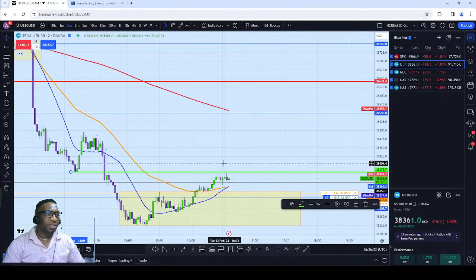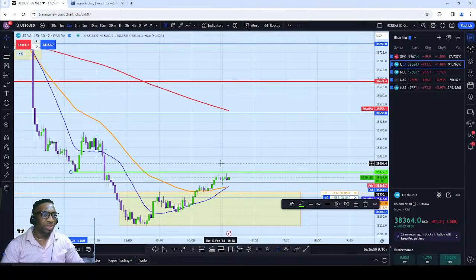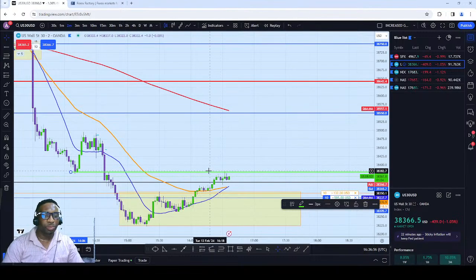So the best thing is, once you are in profit and price has moved a little bit above your entry, just move your stop loss to break even, and that way you are protected. I think NAS has now turned around, pushing higher now, so it's all looking good on both sides.